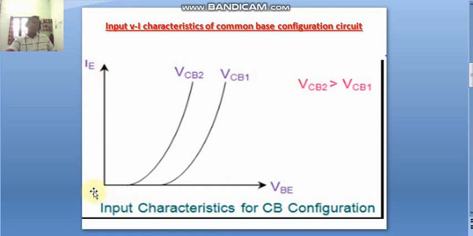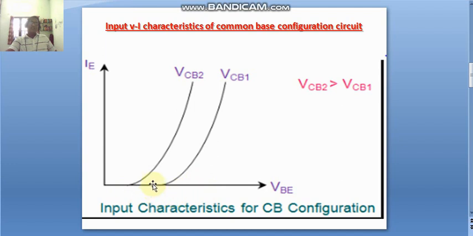We are taking VBE on the x-axis and IE on the y-axis. If you plot a graph, we get a curve like this, which means it is exponentially increasing. Up to here there is no current. This is nothing but the threshold voltage.